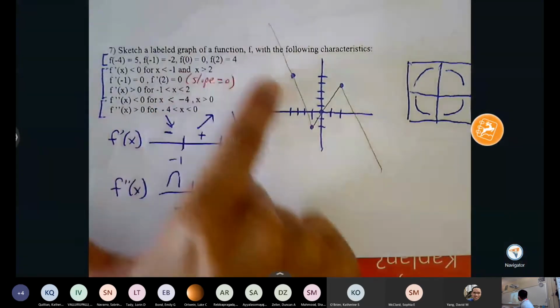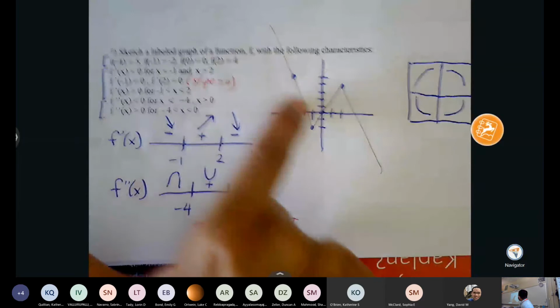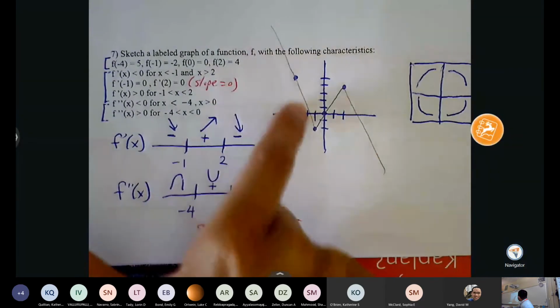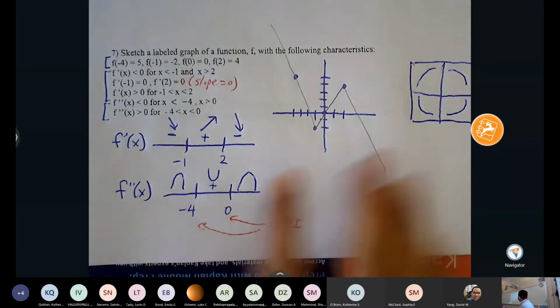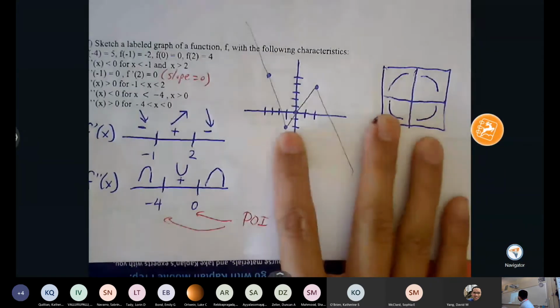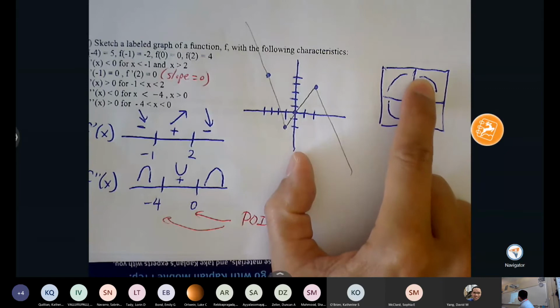So I need to maintain a negative slope all the way through, but along the way, there's going to be different curvatures, right? So all the way to -4, I want concave down. So I want negative slope and concave down, so I'm going to have this shape show up in that interval.